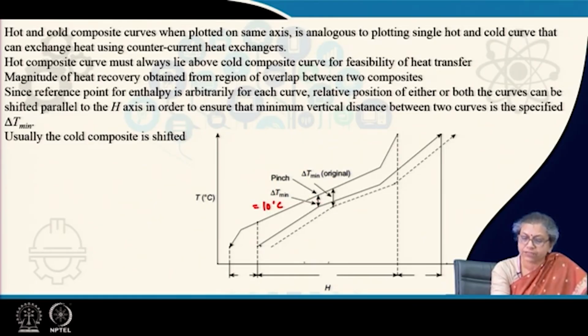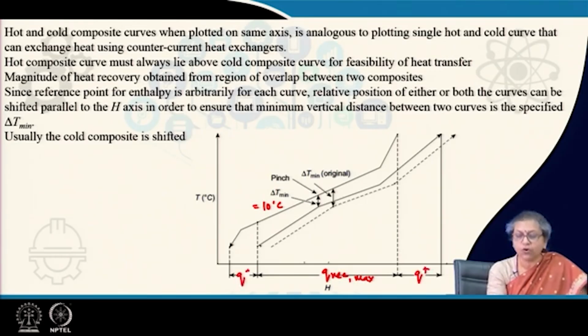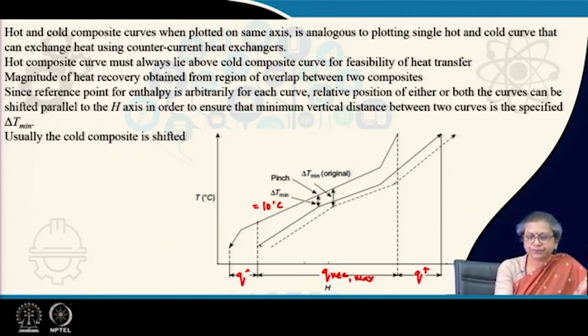Once I have reached this, then I know the relative location of my hot and cold composite curves is fine, and they conform to the situation where the maximum amount of heat can be recovered and the minimum amount of hot and cold utilities can be used for this particular arrangement.